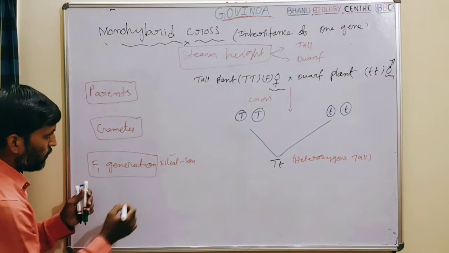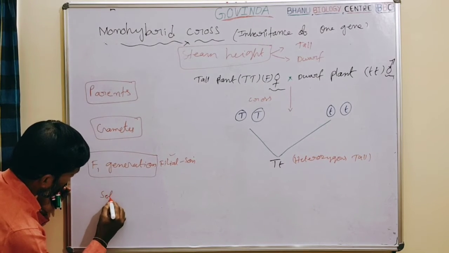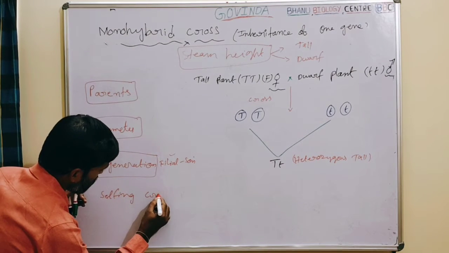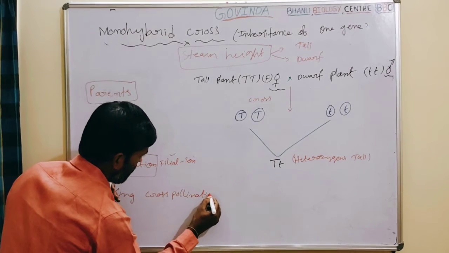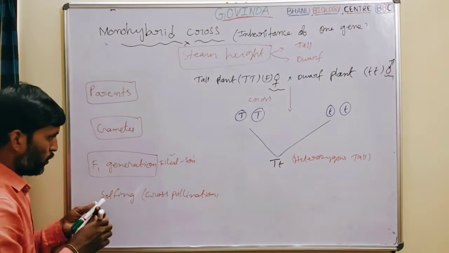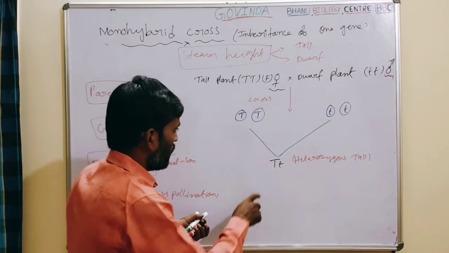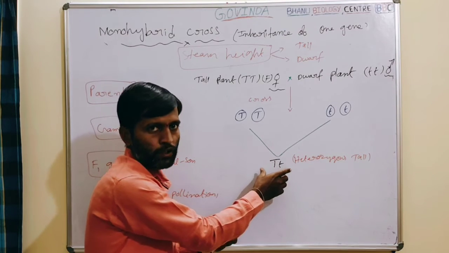Next we perform the selfing or cross pollination. Here the cross pollination is made between the plants of the F1 generation, right?